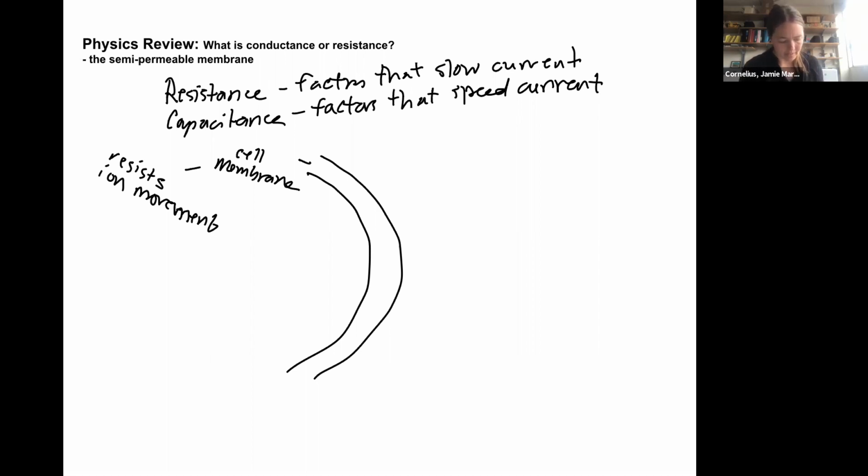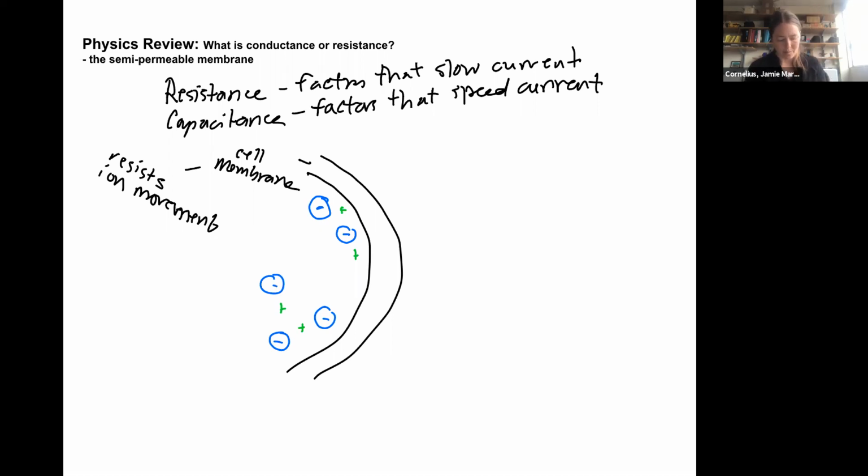And so what we see inside cells is we have big proteins that are negatively charged throughout. And then you might have some positive ions inside. Potassium tends to be higher at rest on the inside.